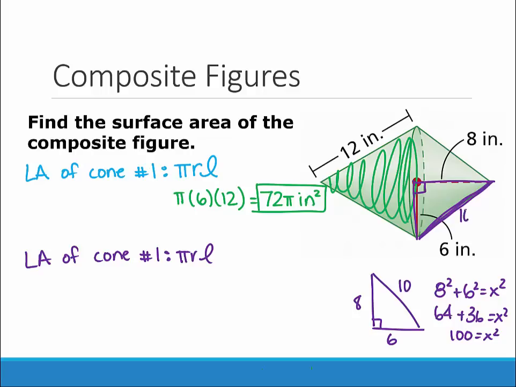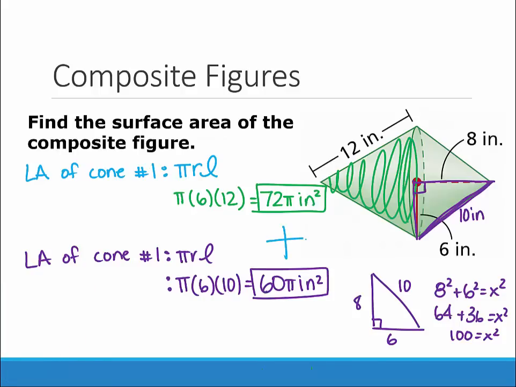So my slant height is 10 inches, sorry. Now to find my lateral area, I have to plug in my radius of 6 and my slant height of 10, and I end up with 60 pi inches squared. So now because we don't need either of the bases, because the bases are touching each other, all we got to do is add those two up. So we end up with a total of 132 pi inches squared that make up those two cones.